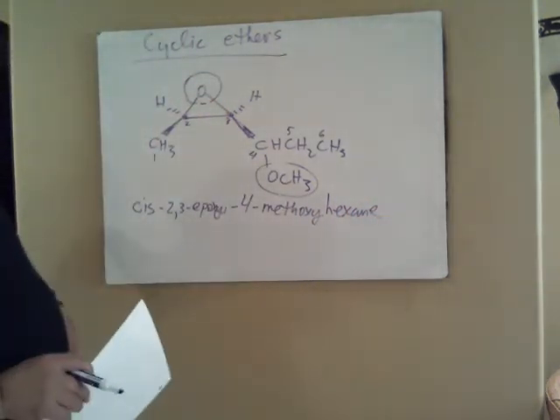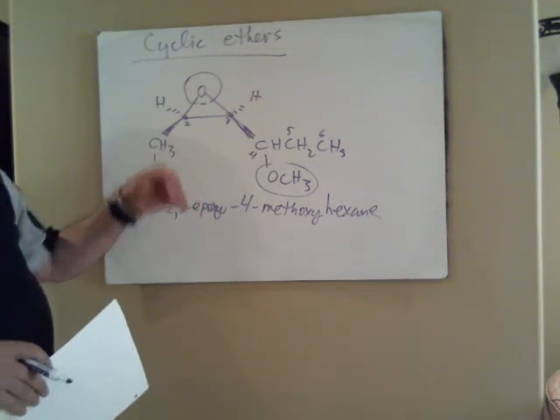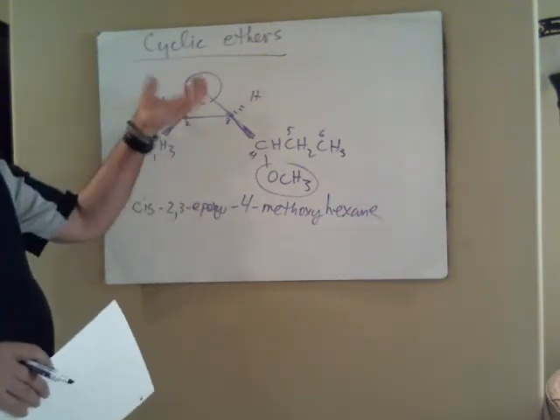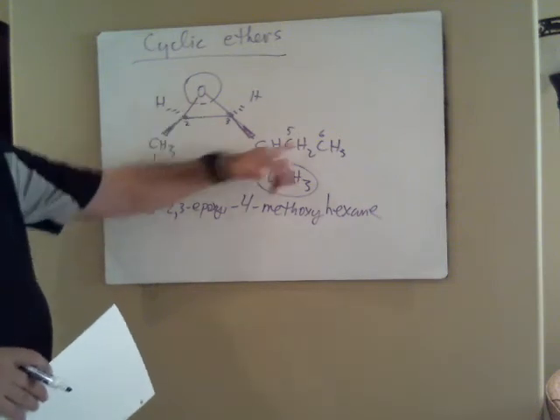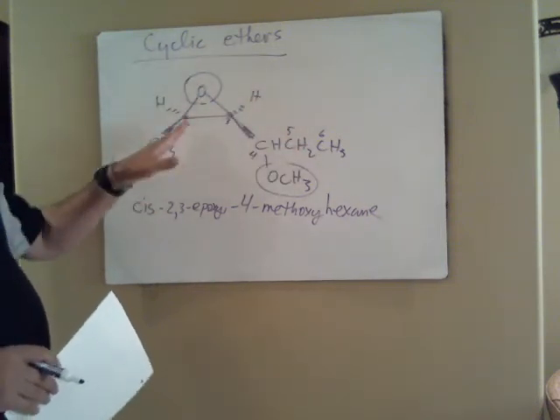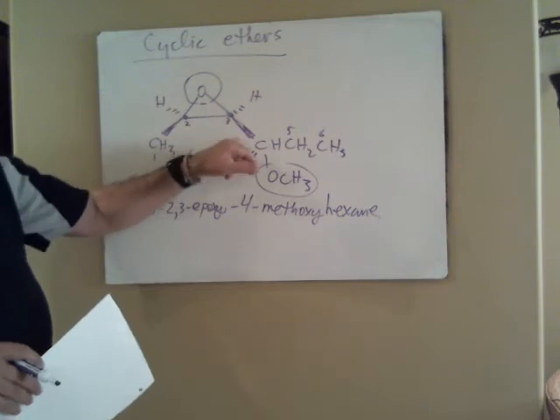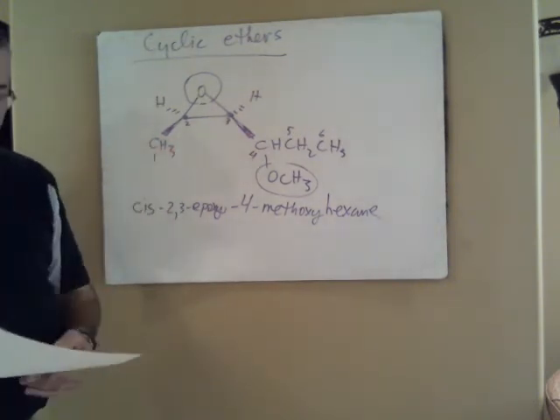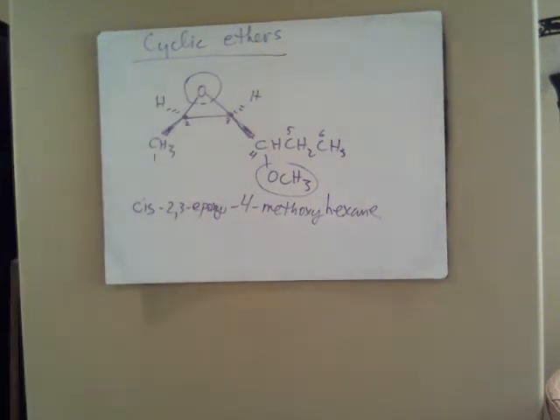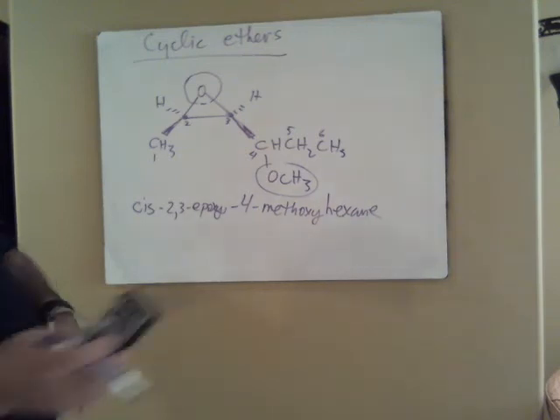Okay? So cyclic, you're looking at how the epoxy substituent is related to other substituents. That gives you cis and trans. If it's an acyclic epoxide like this, you're just looking at how the residues attached to the epoxide are related to each other. Okay? We don't really talk, as I said, about nomenclature of normal cyclic ethers.